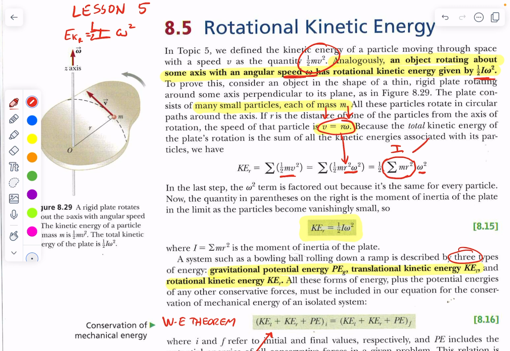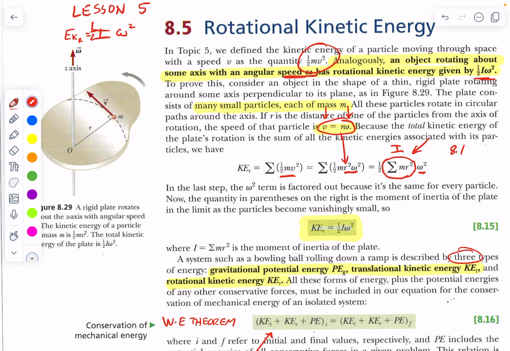And what this value is, you'd have to look up on chart 8.1 at the beginning of the chapter. On a test, of course, you would be given what the moment of inertia is for the sphere or the disk or the rod or whatever the object is that is spinning or rotating.